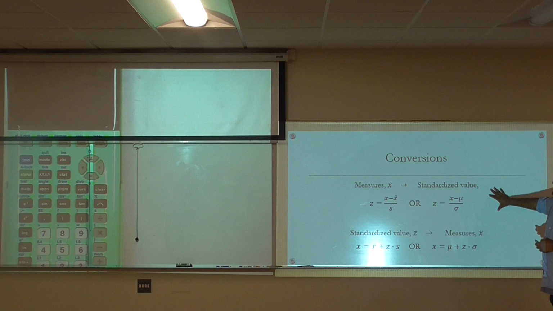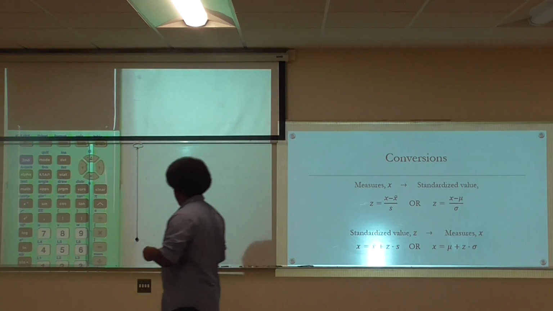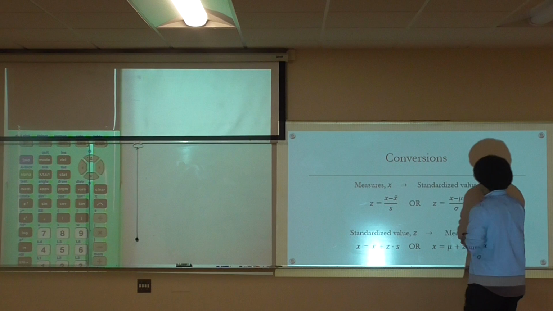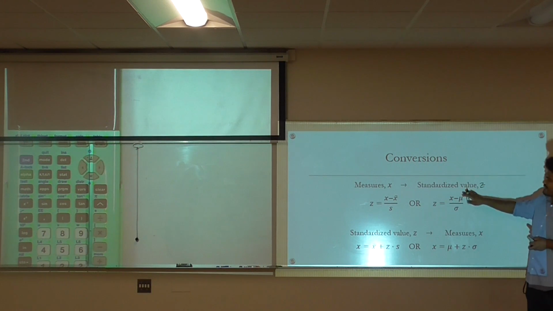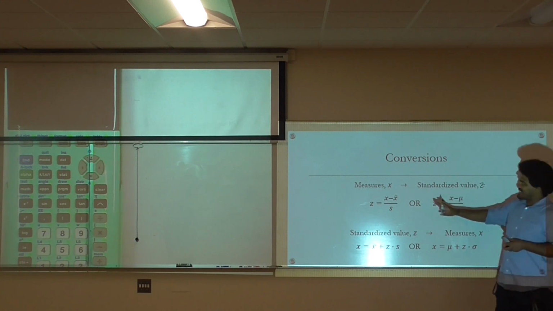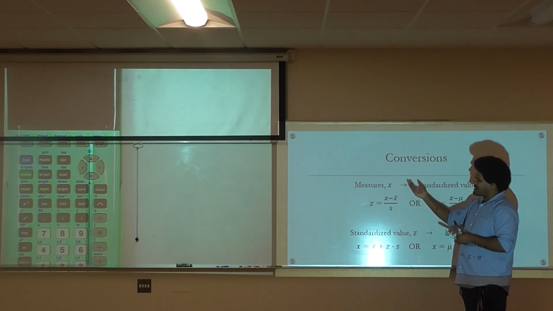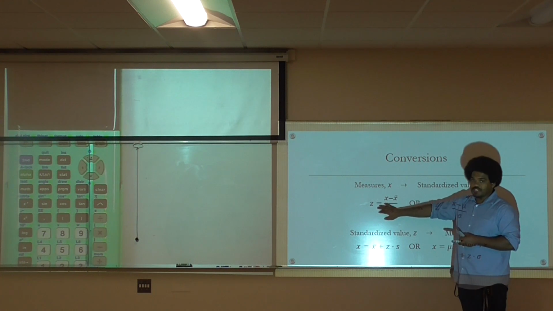So here's the key idea, and I always forget to change it, so you might want to do this on your slides too. If I want to convert from x measures to z standardized values, z-scores, it's always x minus the mean, the measurement minus the mean, divided by the standard deviation, and that gives you the z-score.